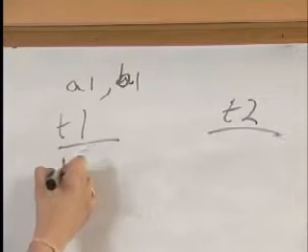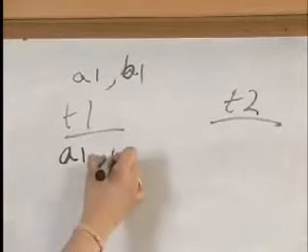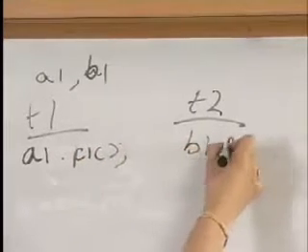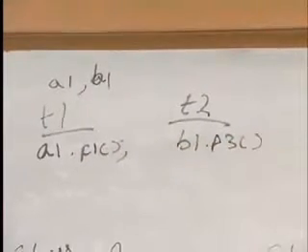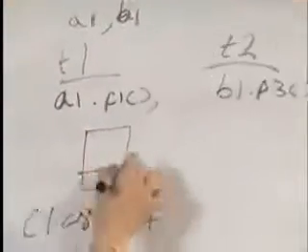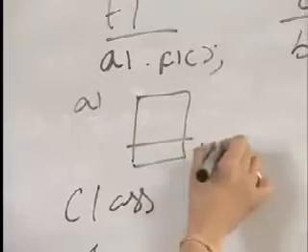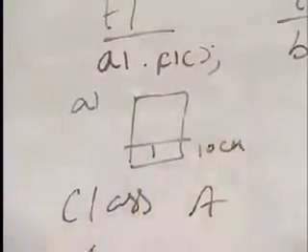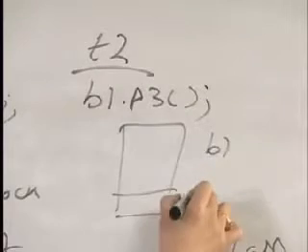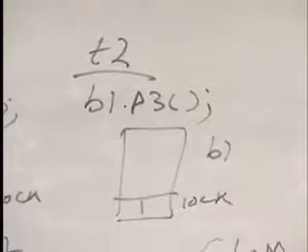So T1 calls A1 dot F1 and T2 calls B1 dot F3. Since they are all synchronized methods, object A1 lock has been placed by thread 1 and object B1 lock has been placed by thread 2.